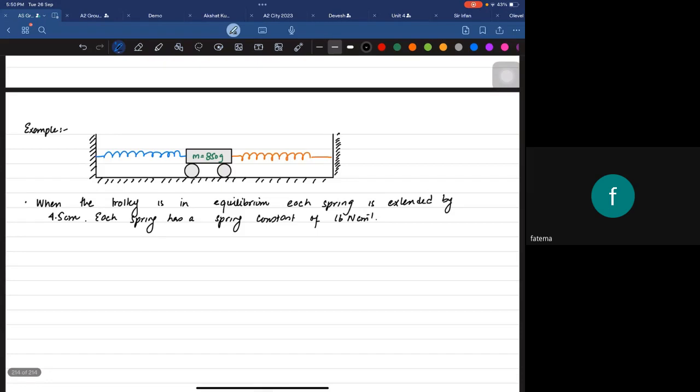Now they say the next point: the trolley is moved a distance of 1.5 centimeter along the direction of the springs, like that.